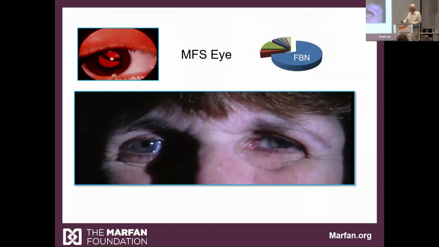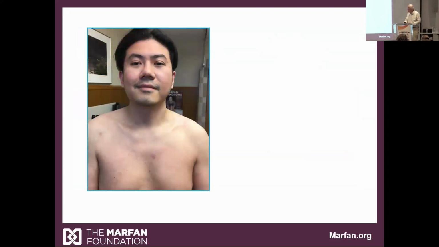But the eye has little fibers and connections that anchor the lens in place. And the molecule that is most active and most prominent structurally in that part of the eye is fibrillin. So the eye has a characteristic movement, which didn't play on the video. They never do when you're actually giving the presentation. But we look for that on the physical examination.